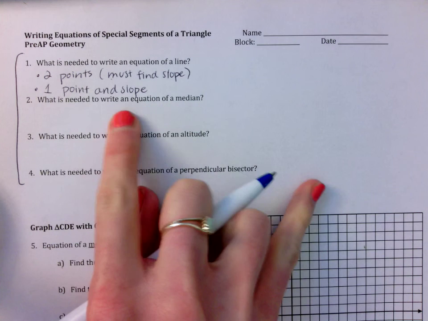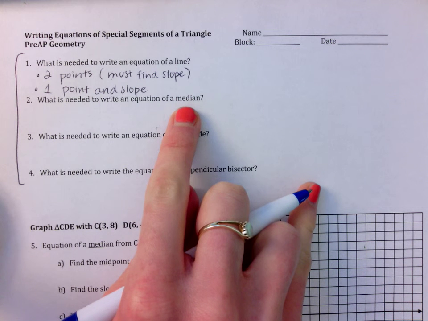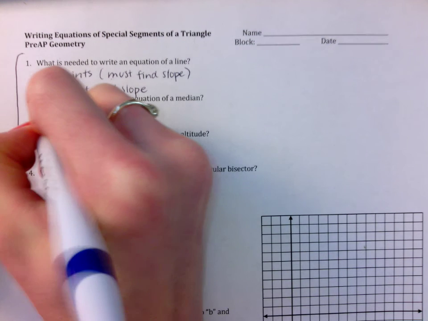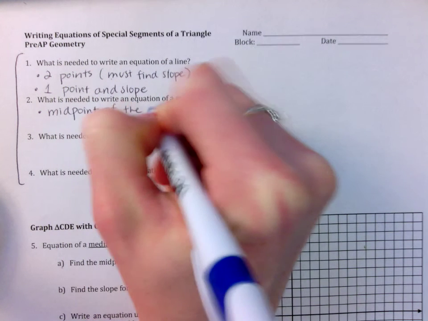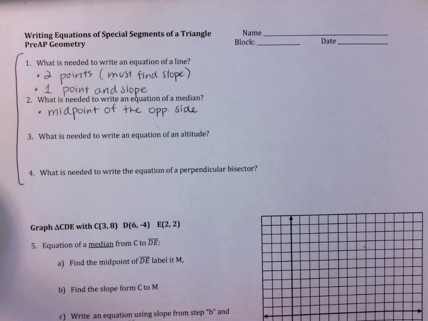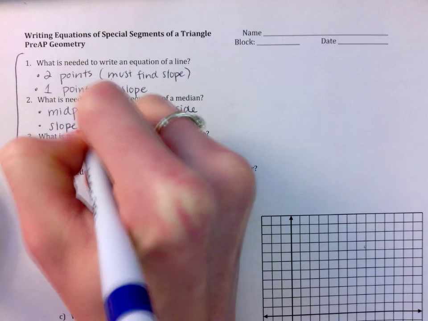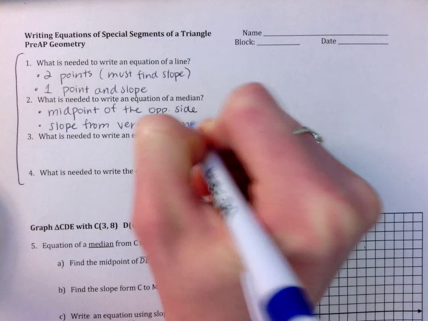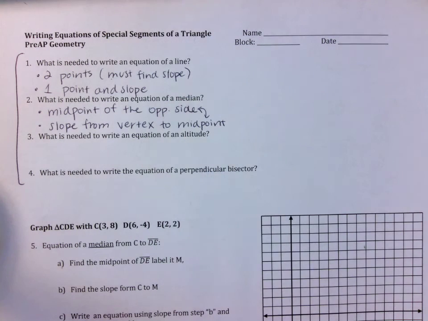Okay, so to write the equation of a median, remember a median goes from the vertex of a triangle that we assume you've already been given to graph. So you would have to find the midpoint of the opposite side, like we just did in the example number 1 from the notes, and then the slope from vertex to the midpoint you just found up here.